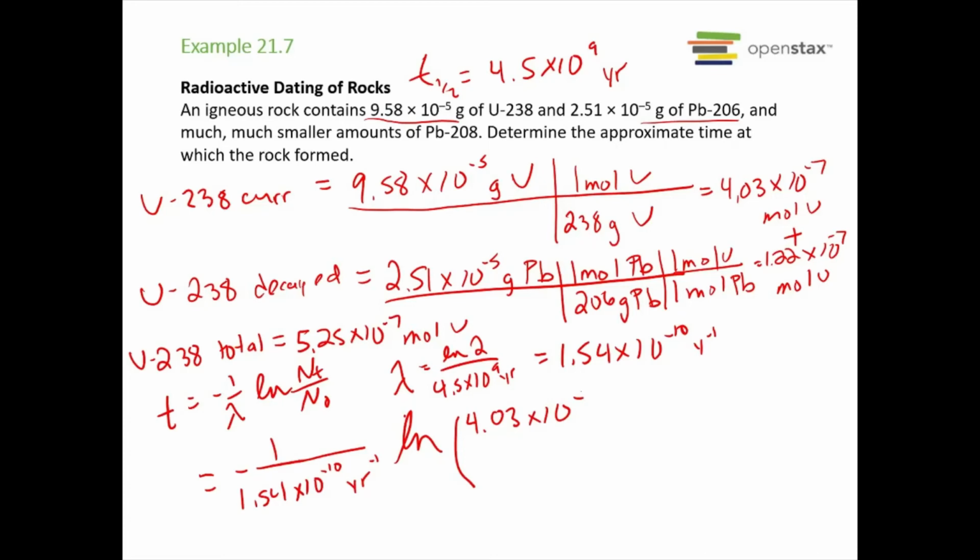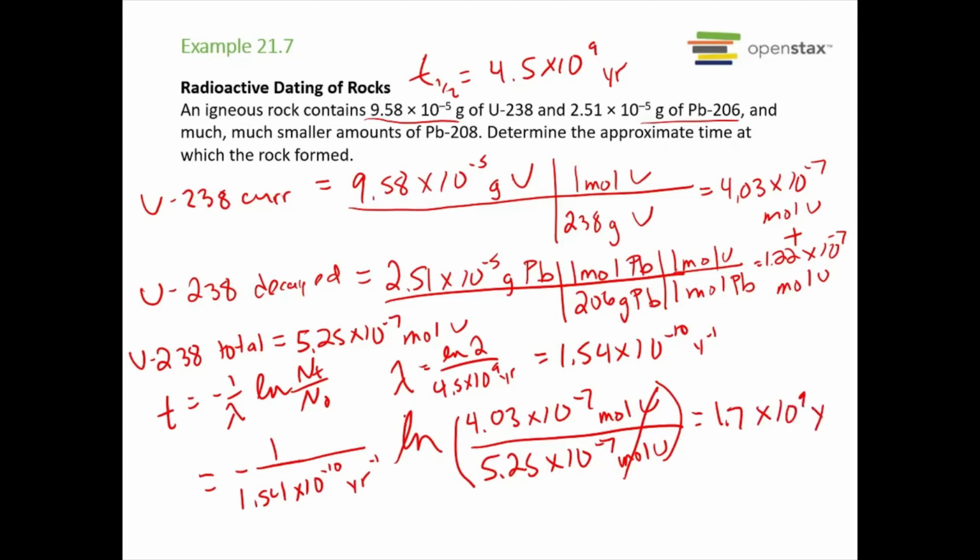So that's how much we currently have, divided by the amount we started with, which is that 5.25 times 10 to the negative 7th moles of uranium. And this gives us 1.7 times 10 to the 9th years. So 1.7 billion years old. That's an old rock.